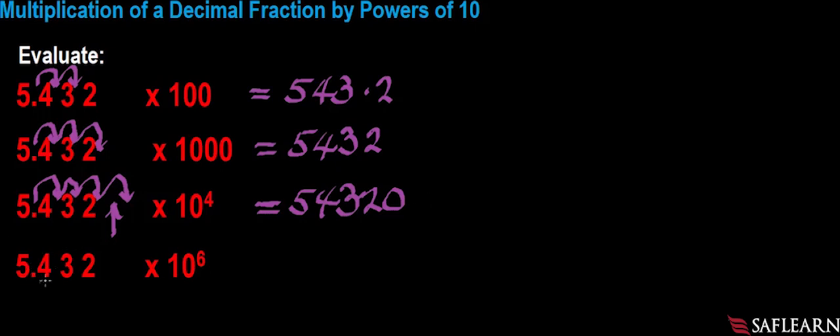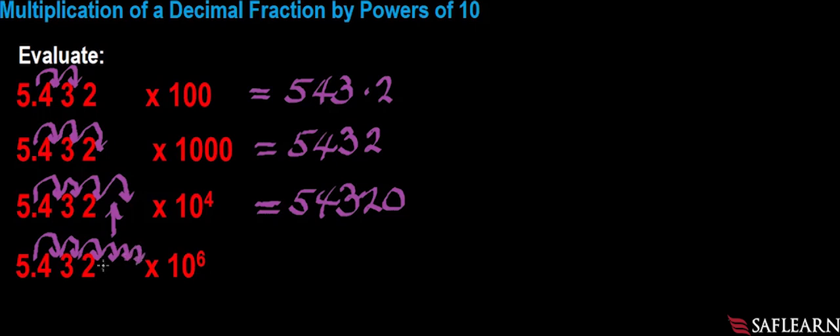Now here we have 5.432 multiplied by 10 raised to power 6. Again, we are moving the decimal point 6 spaces to the right, so we'll move 1, 2, 3. Again, we have exhausted the number of digits here, but we keep on moving. 4, 5, 6.